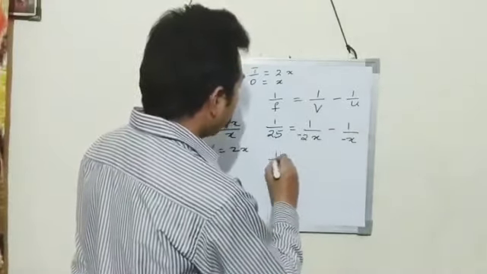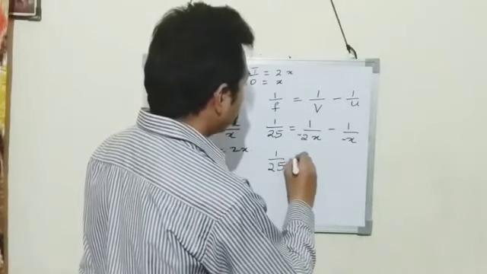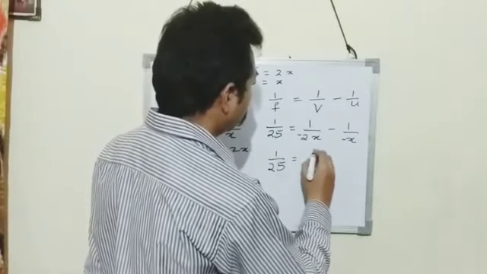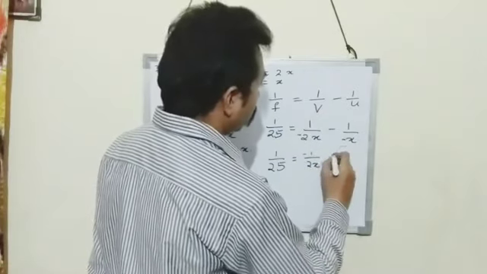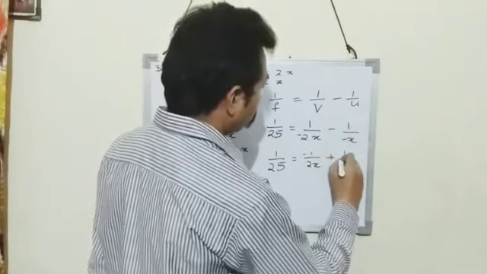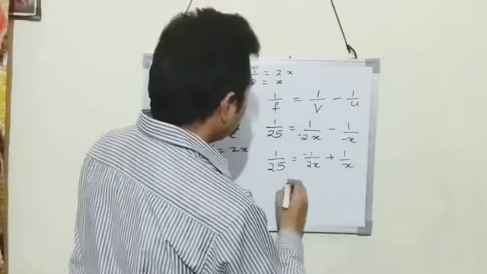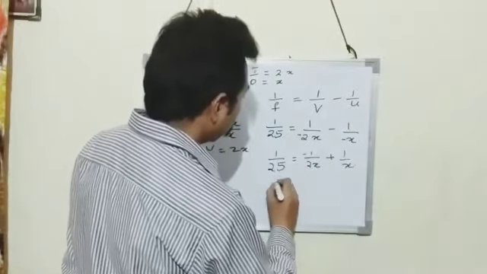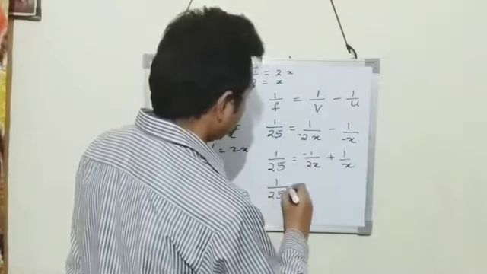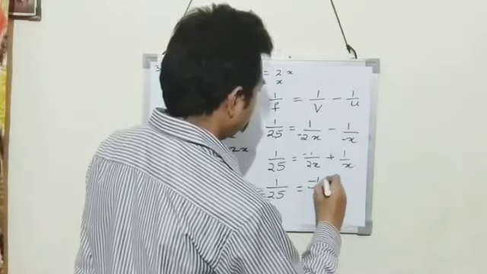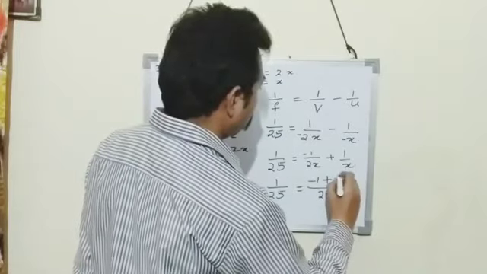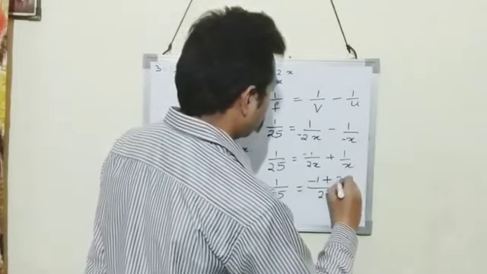Now we substitute the values, 1 by 25 is equal to minus, it is plus. Taking the LCM, that is 2x, minus 1 plus 2.